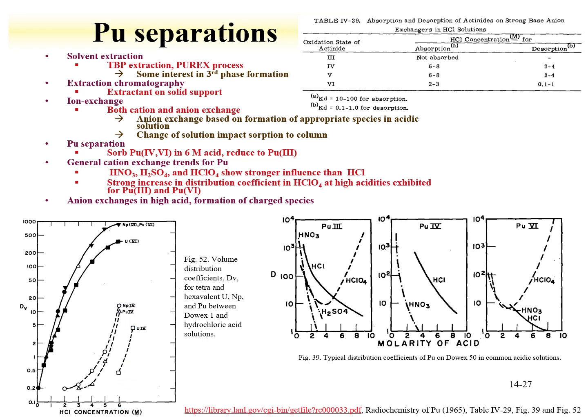In general, cation exchange trends for plutonium, the nitrates, sulfuric, and perchloric acid show stronger influence than the HCl. And there's an increase in distribution coefficients in perchloric at high acidities exhibited for plutonium-3 and plutonium-4.